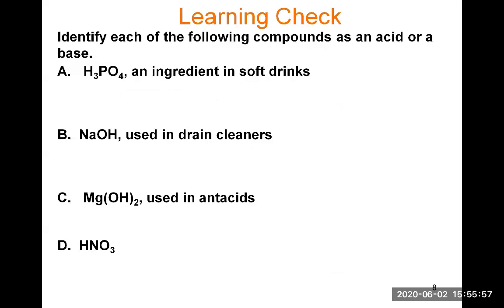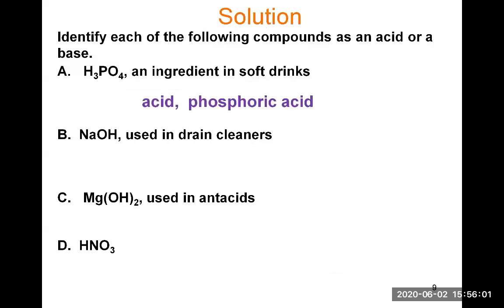Is it an acid or a base? H3PO4 is an acid because you have H as the first element in the formula. This is phosphoric acid in particular. It's found in Coca-Cola and all kinds of soft drinks to preserve the drink.